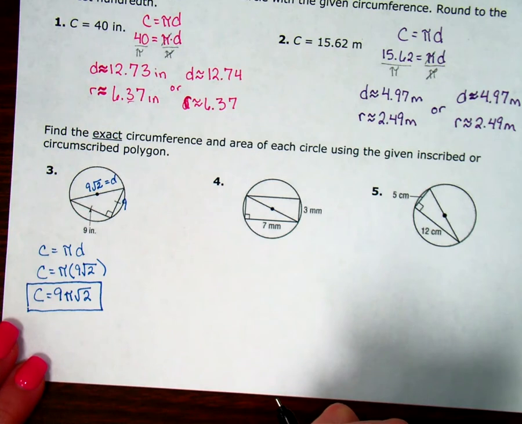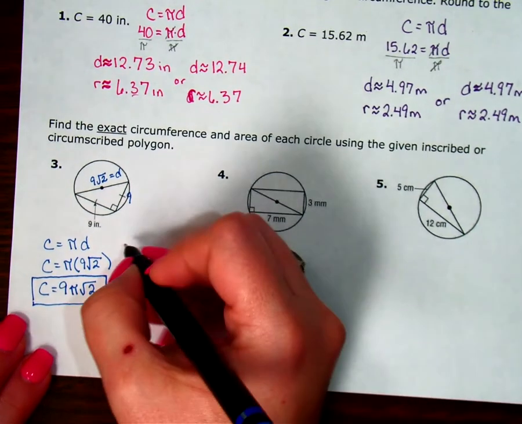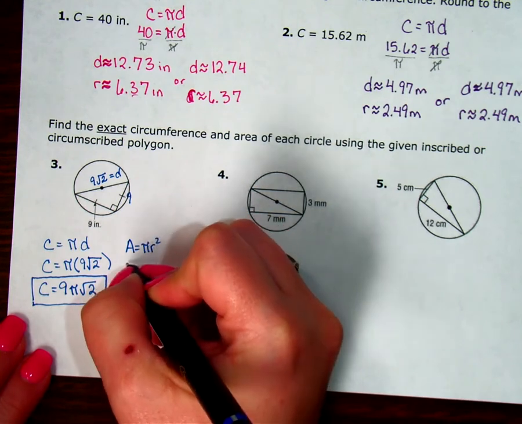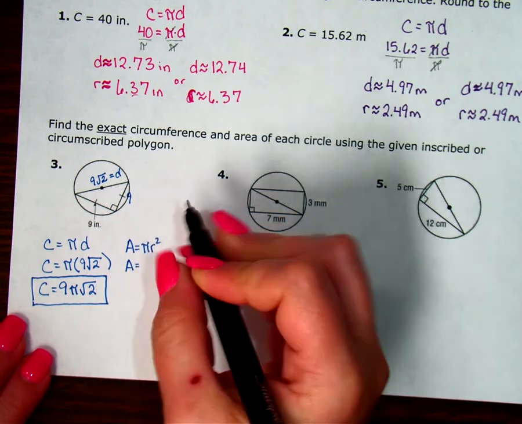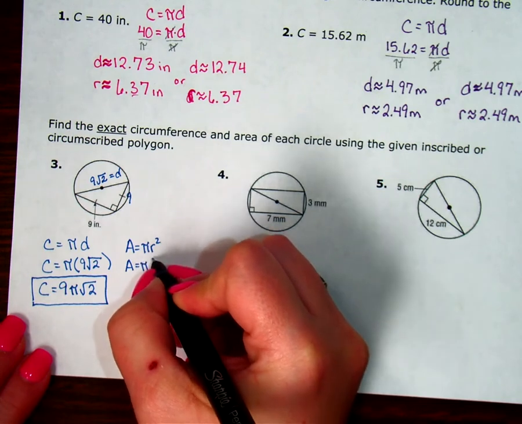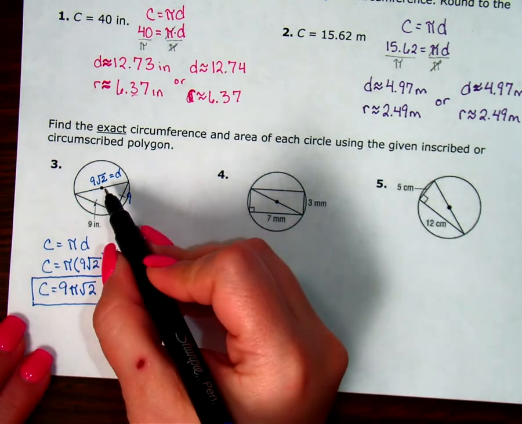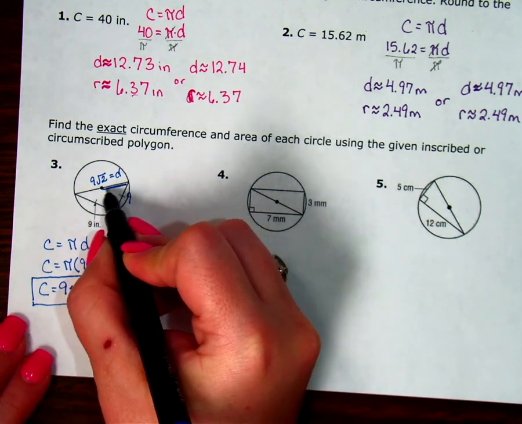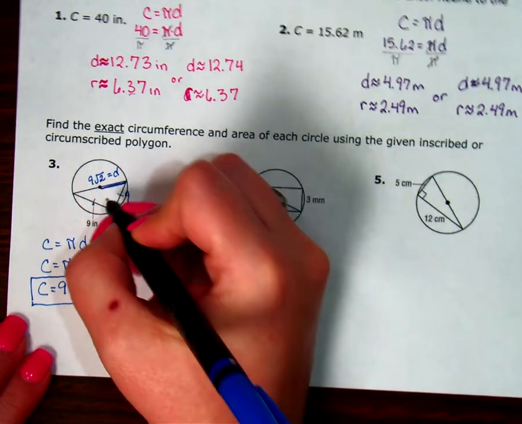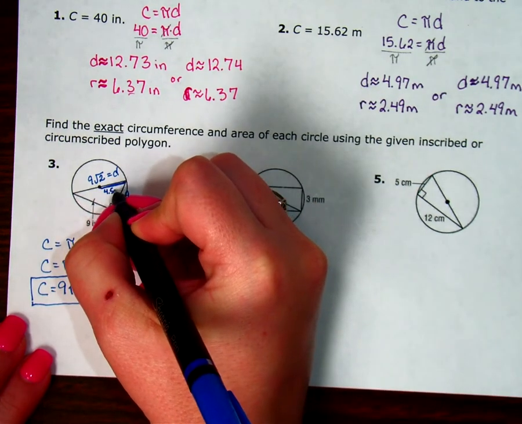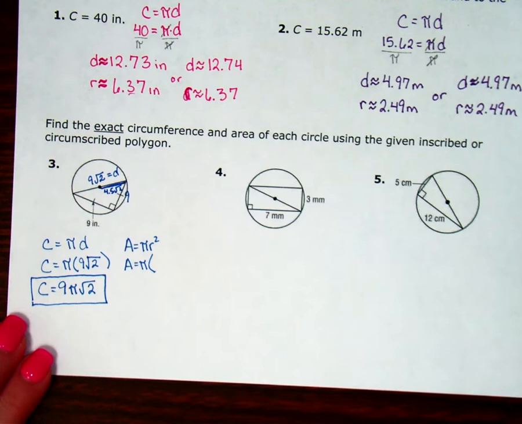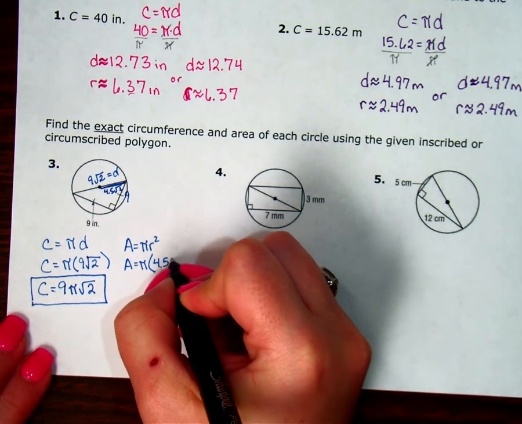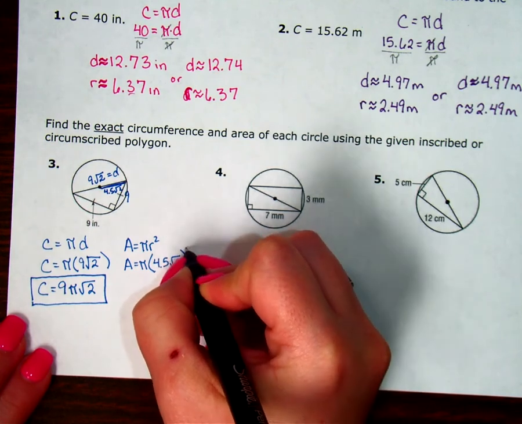Okay? The area, pi r squared, my area equals pi times my radius squared. Now, I know my diameter is 9 square roots of 2. So my radius is half of 9 square roots of 2. So my radius is 4.5 square roots of 2. 4.5 square root of 2 is my radius, and we're going to square that.